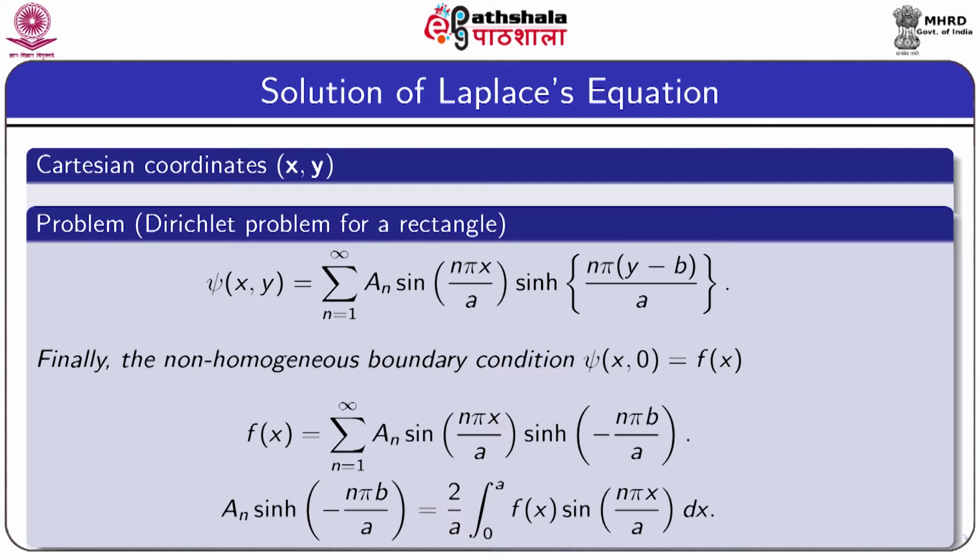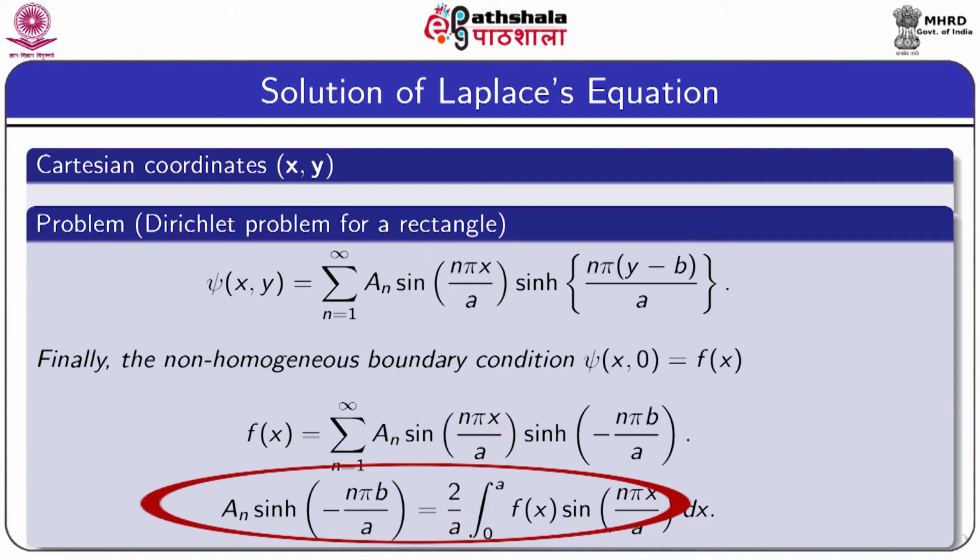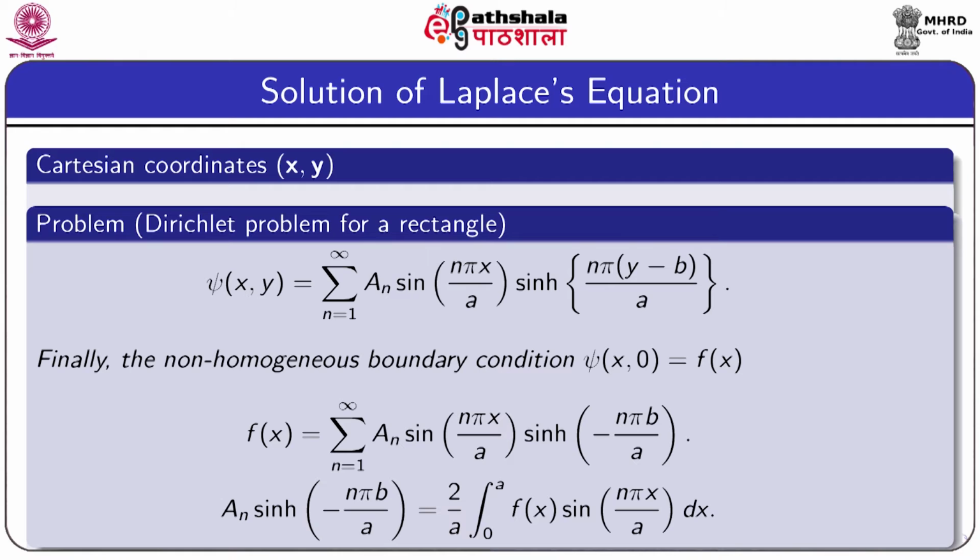Now, if we multiply both sides of this summation by sin(n pi x by a) and integrate over 0 to a, using the orthogonality property of the sine function we get A_n sinh(minus n pi b by a) equals 2 by a times the integral from 0 to a of f(x) sin(n pi x by a) dx. From the last equation we can get the values of the unknown coefficients A_n.